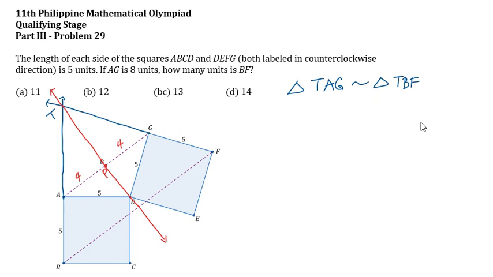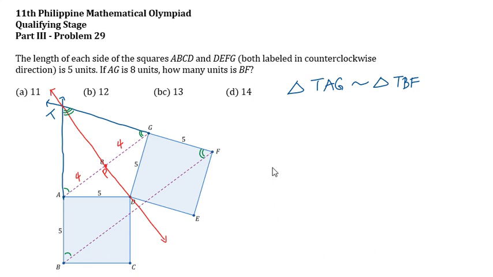Because AG and BF are parallel with TB and TF being transversals, this angle must be congruent to this angle. Similarly, this angle right here must also be congruent to this angle right here. And of course, the third pair of angles, angles ATG and BTF, must also be congruent. So, we know that triangle TAG is similar to triangle TBF.